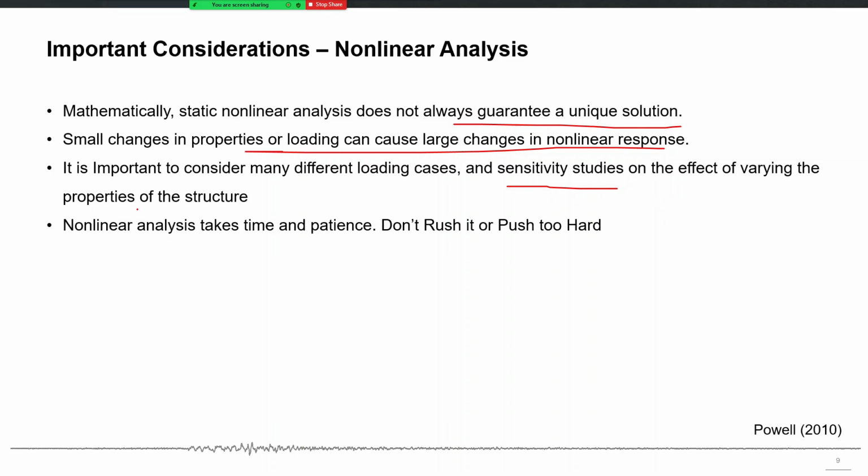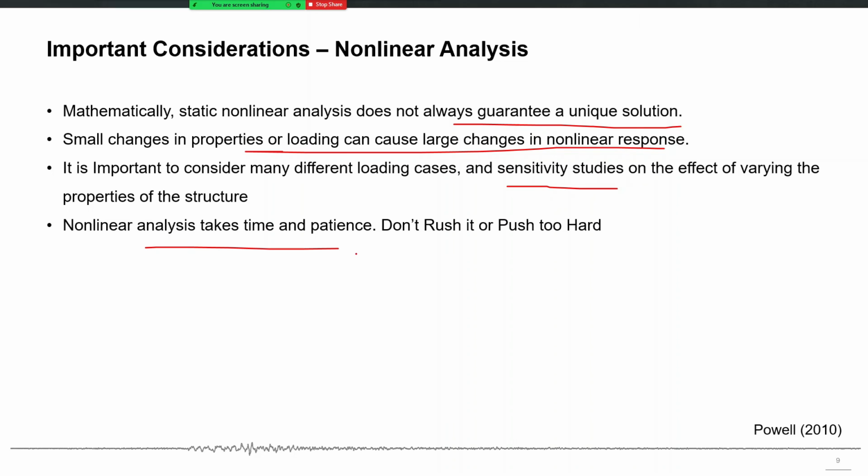And obviously nonlinear analysis will take more time, because as I have said, if you push your building in 50 steps, it simply means that the software has to perform 50 static analysis cases, and every time it has to degrade the K matrix also. So it is not using a constant K matrix as in the case of linear analysis.